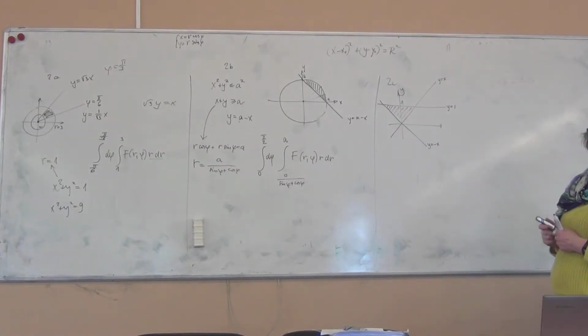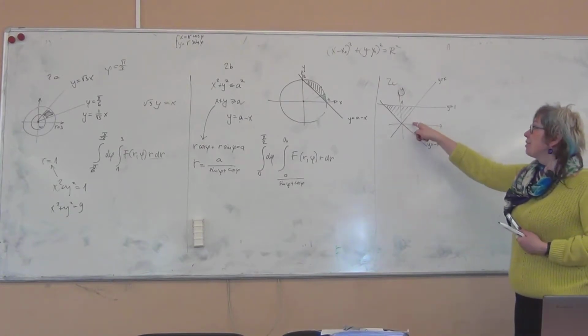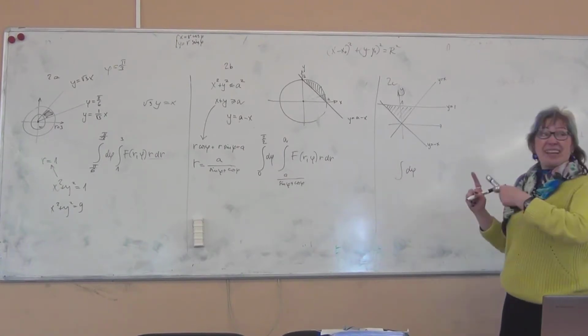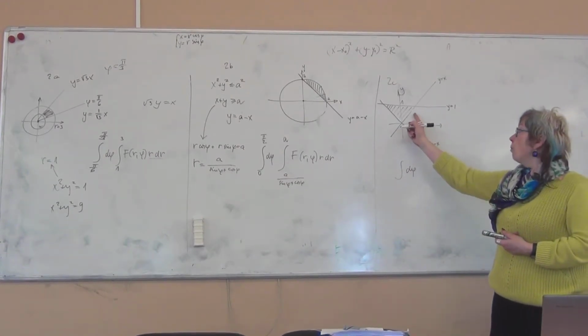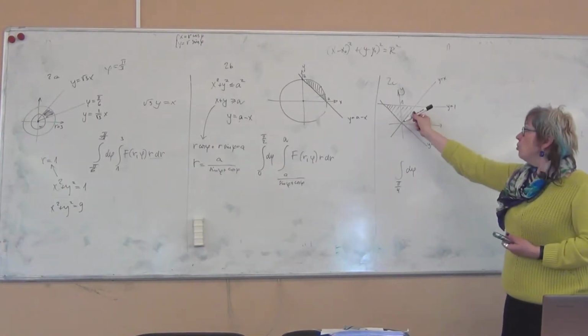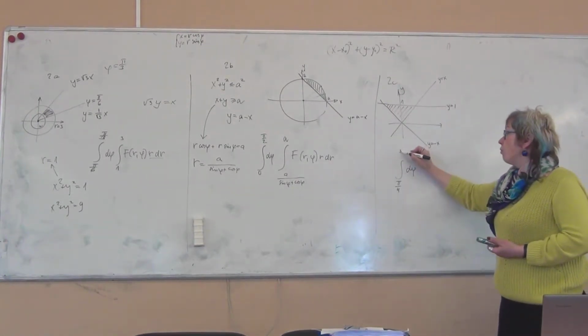Alright, so what can we say about this integral? Is there something obvious? I would say the angles are obvious. 45 degrees. So actually the integration by phi, the second integration, would be from 45 degrees, which is pi over 4, to 3 pi over 4.